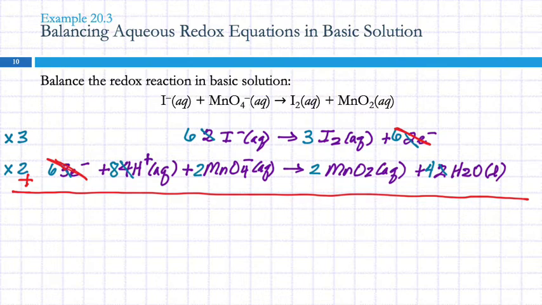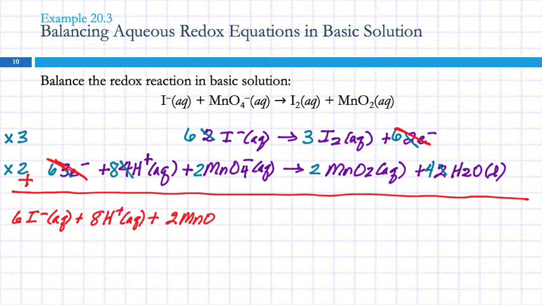So I'm going to write down what I've got left. Got 6 I minus plus 8 hydrogen ions plus 2 permanganate ions.